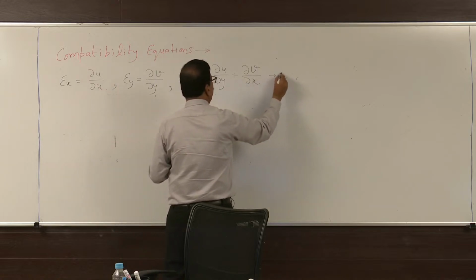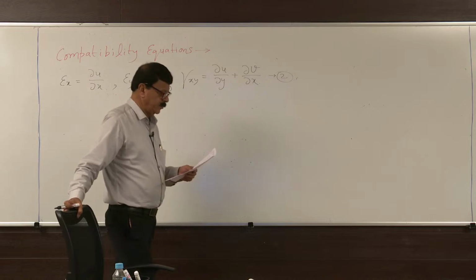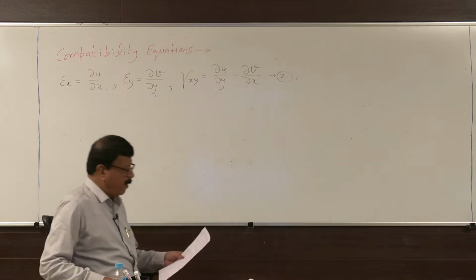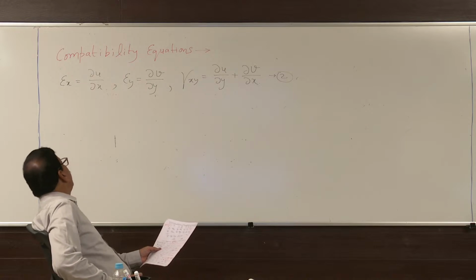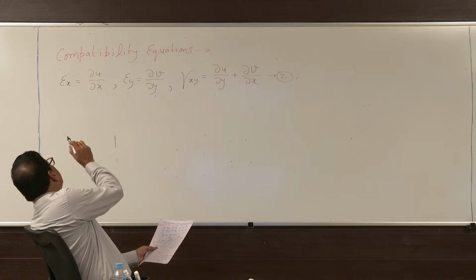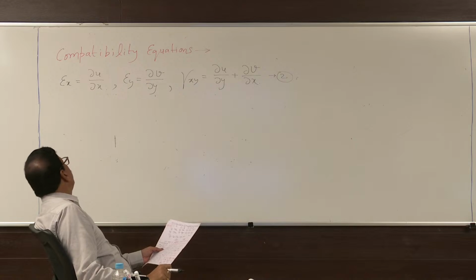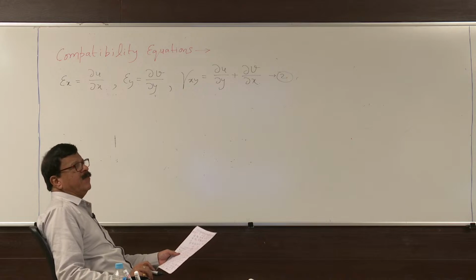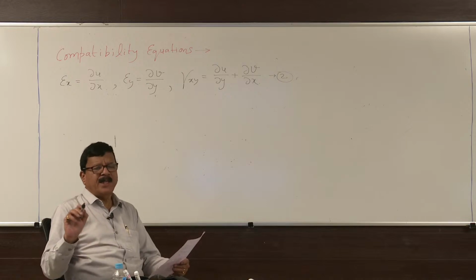Now the compatibility equation number 2, as we studied in the first class. This is the equation number 2. Strain in the x direction, u is the displacement in the x direction divided by the small distance del x of any body. Then Ex is equal to del u by del x, Ey is equal to del v by del y, where v is the component of displacement in the y direction, u is the component in the x direction, and w is in the z direction.